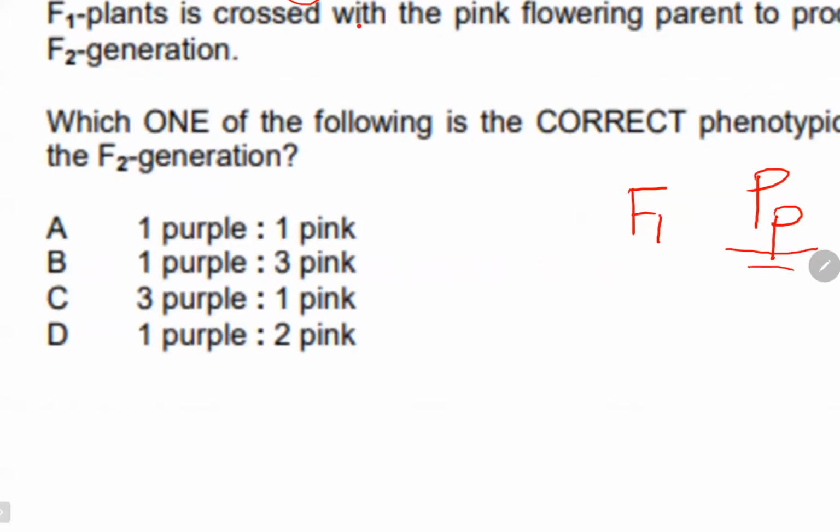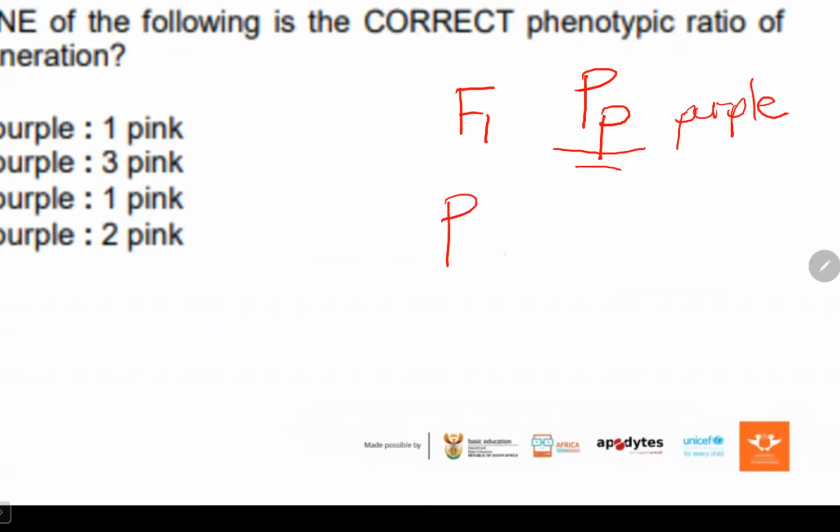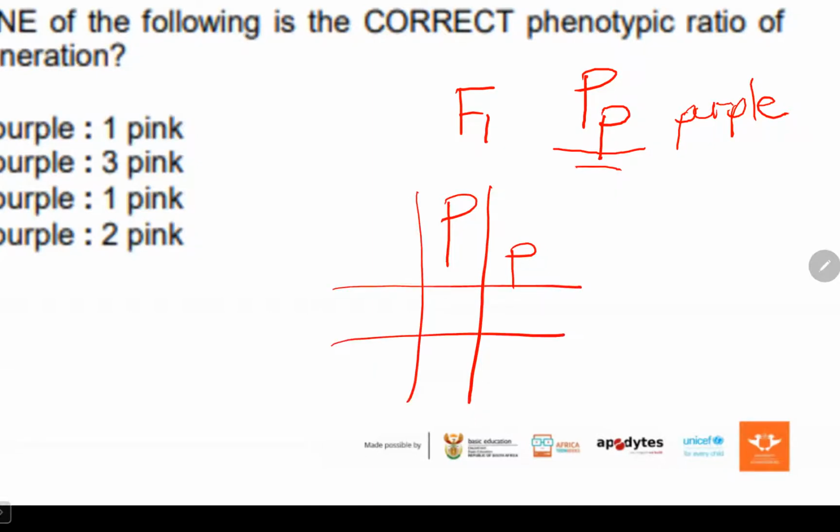So let's draw out that Punnett square quickly as well. The one parent looks like this, a capital letter and a small letter, and two small letters. Let's again take the capital letter down, across, and the small letter down, across. Okay, that is our F2 generation now.